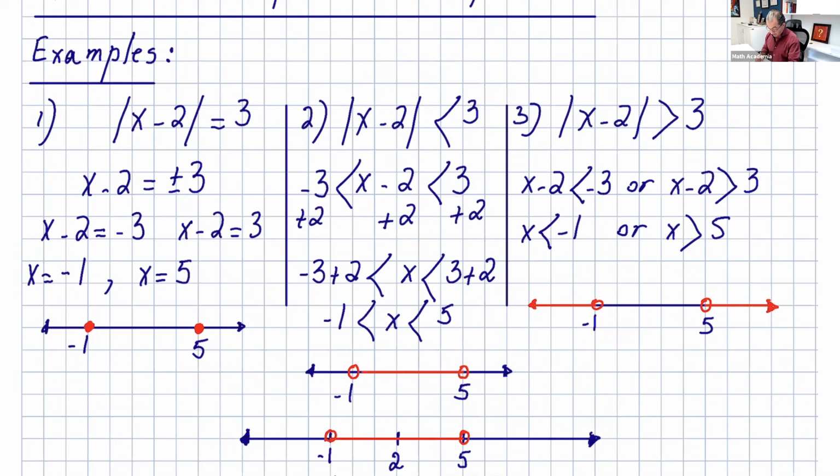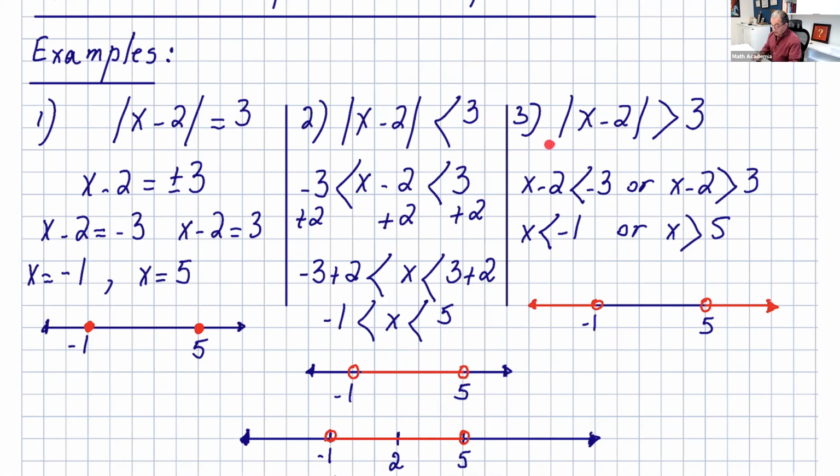If you isolate x, then x will be between negative 1 and 5. Same numbers. However, the solution of this inequality is between these two numbers. Any number you pick between negative 1 and 5 will be a solution. Let's try 0. If I pick 0, 0 minus 2 is negative 2, with absolute value 2, which is less than 3, and it works.